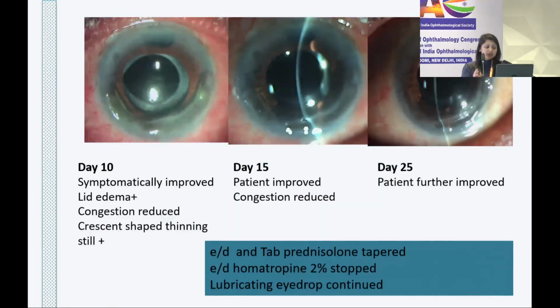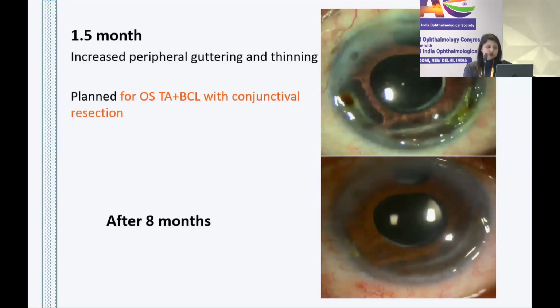By day 10, the patient had symptomatically improved. Lid edema was still there, congestion had reduced, but a crescent-shaped thinning was still present. By day 15 and day 25, the patient had improved drastically. So the steroids were tapered and lubricating eye drops were continued.